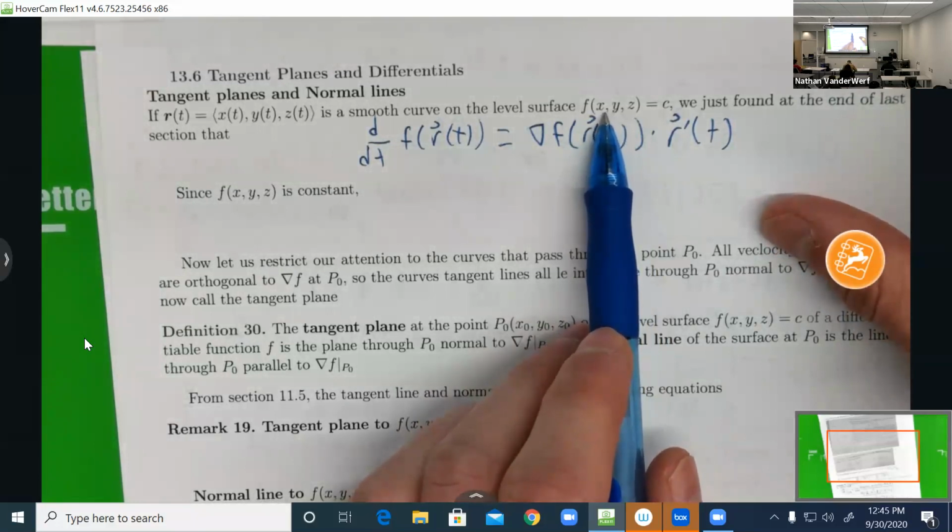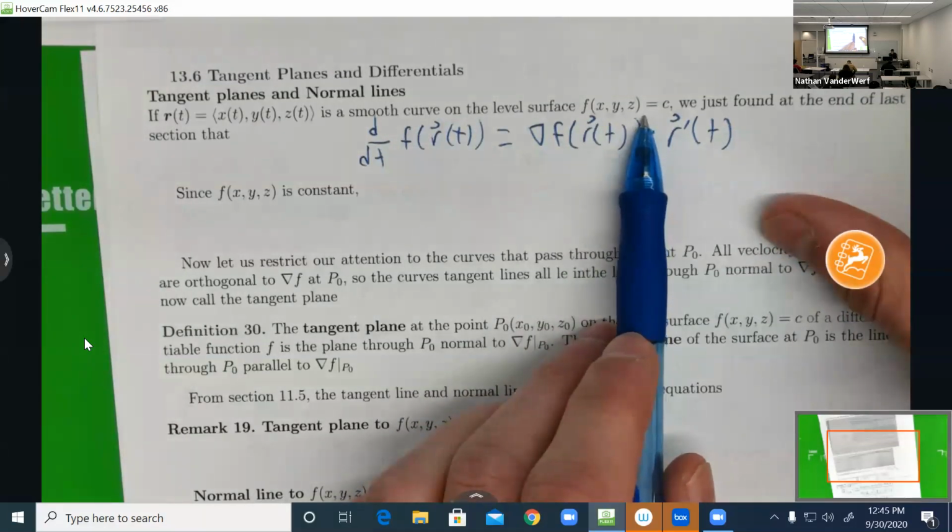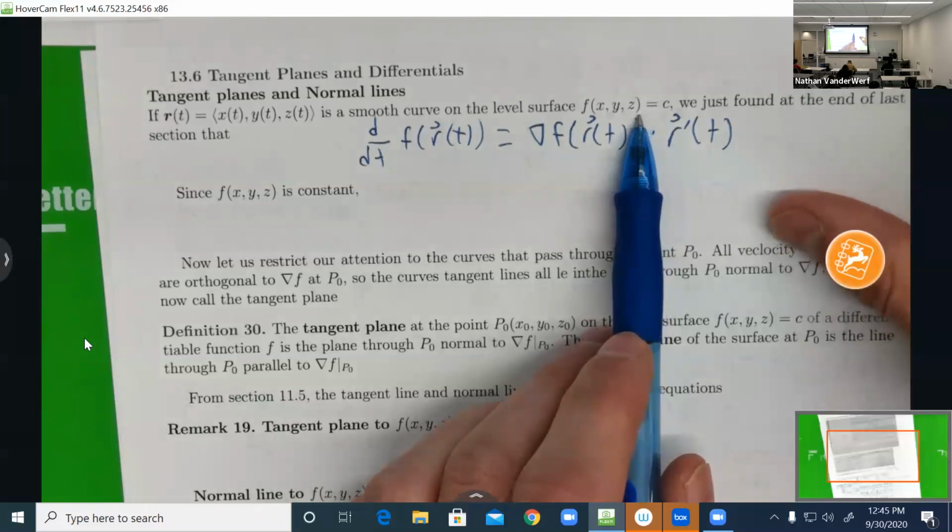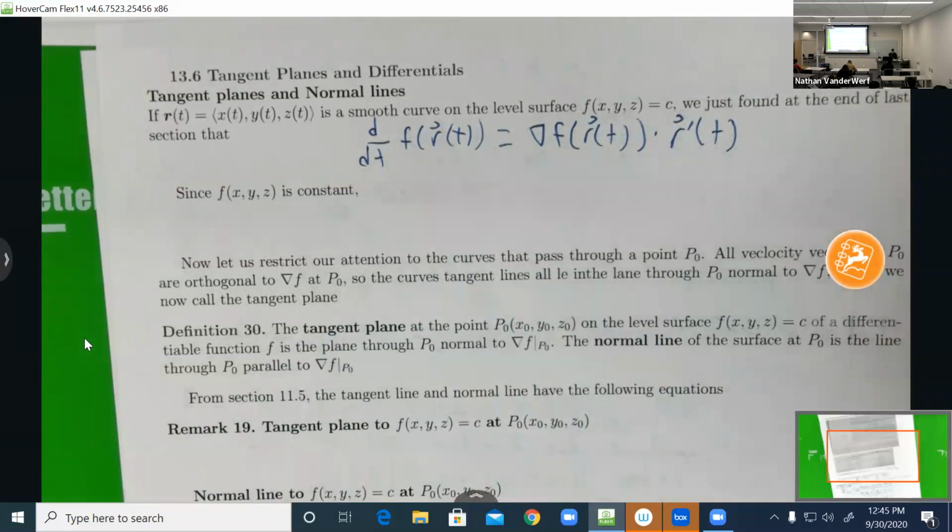But if we set it equal to c, then we can at least make 3-dimensional level surfaces. Is it essentially the equivalent of the contour graph for f of x, y? Yes, or a level surface, we would call it. The contours are on the graph itself, and the level surface is the plot in 3 space.